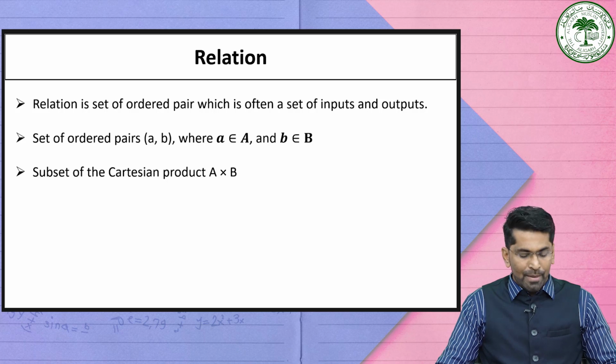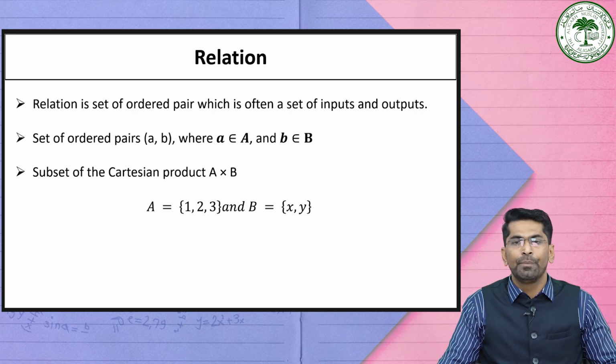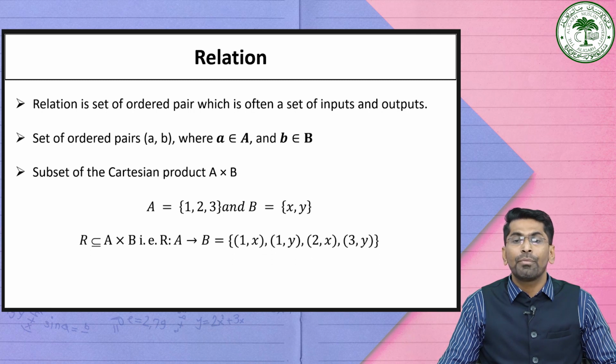Let us consider one example. Set A is equal to {1, 2, 3} and set B is equal to {x, y}. We can define a relation R between A and B using the Cartesian product. If R is a subset of A cross B, that is a relation R from A to B, it has ordered pairs such as (1, x), (1, y), (2, x), (3, y).